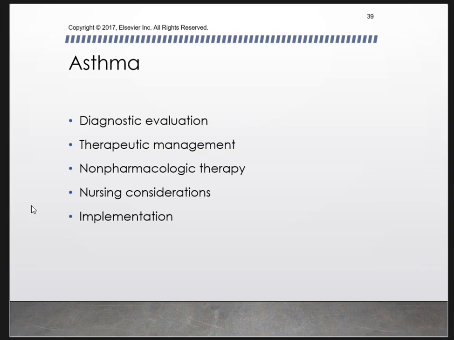Then, as far as therapeutic management, just like any other piece of nursing, our biggest goal is always to maintain the highest level of functioning for our patients. And for children, what would that be?